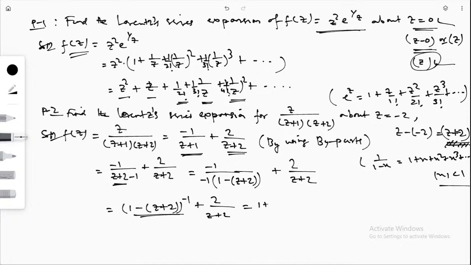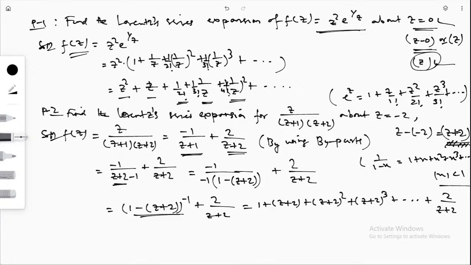So this will be 1 plus z plus 2, then z plus 2 whole square, z plus 2 whole cube, like this, then plus 2 divided by z plus 2.